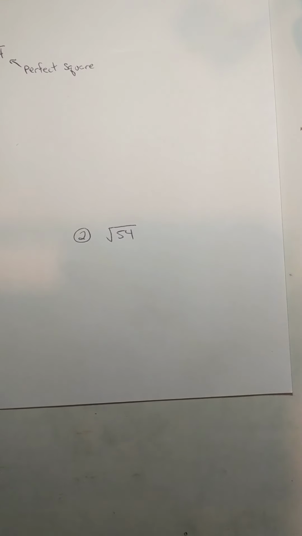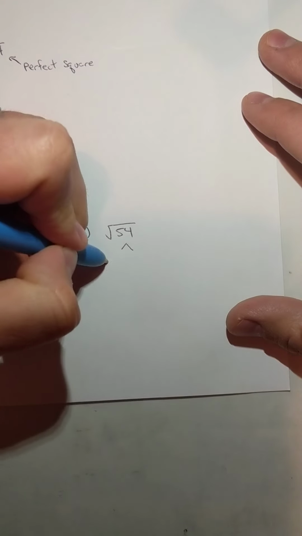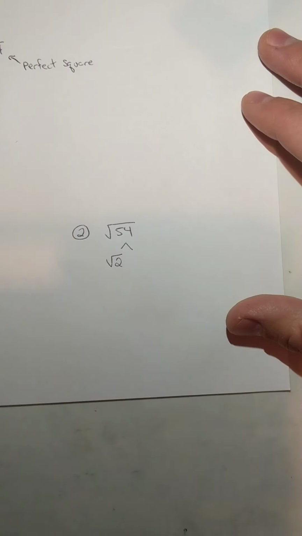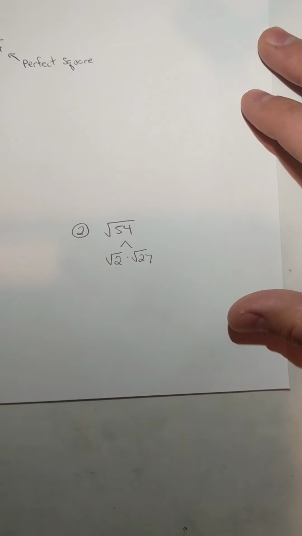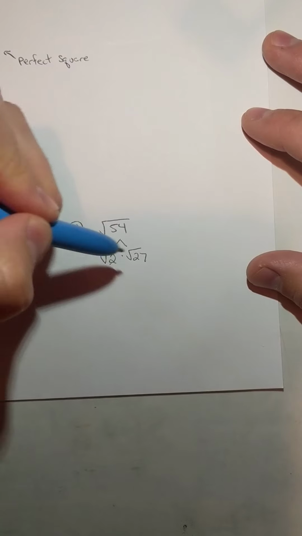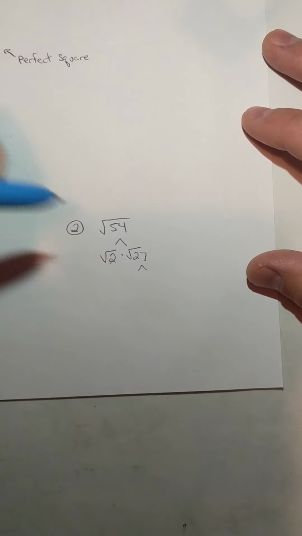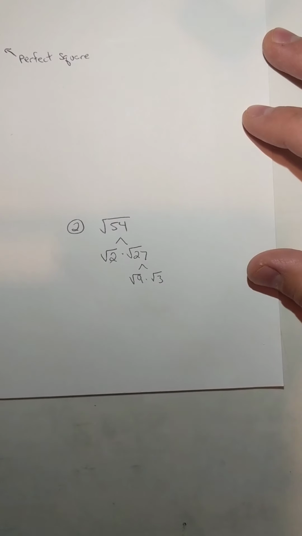Square root of 54. That's a little bit harder. The number's a little bit bigger. Maybe I can't think of a perfect square that goes into the square root of 54. So what I'm going to do is just do something that I do know. I know it's even, so 2 must go into it. And 27 times 2 is 54. This I can't break up anymore, but the square root of 27 I can. I know that 9 times 3 is 27.